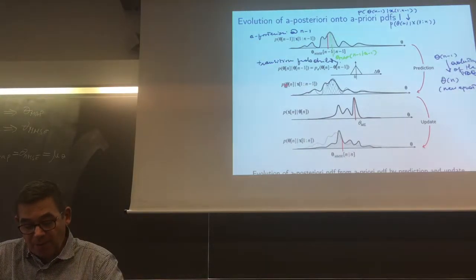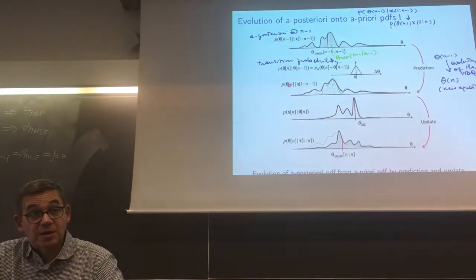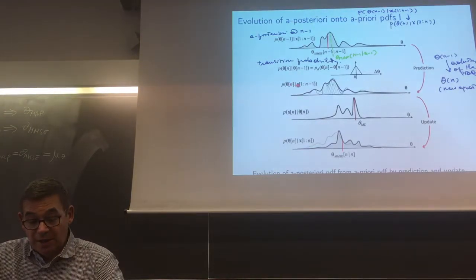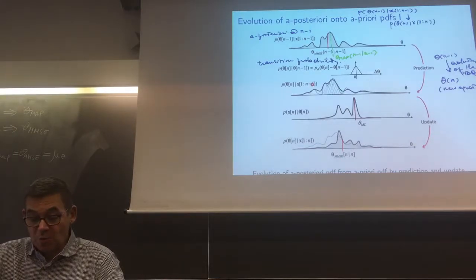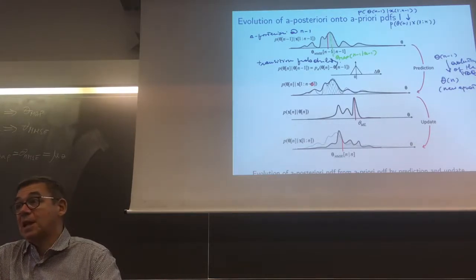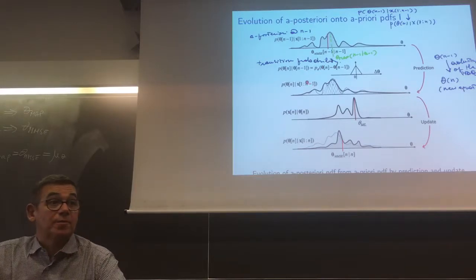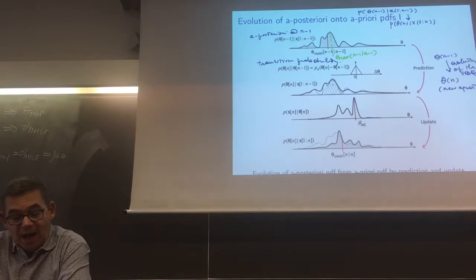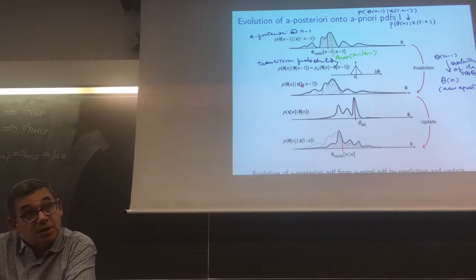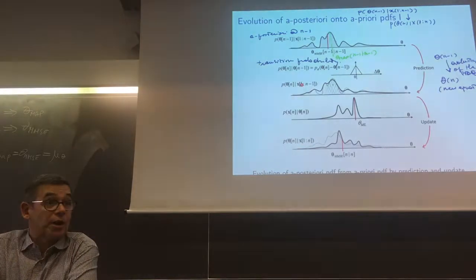I get the probability of theta, the probability on theta according to the data up to n minus 1. Okay? So this is the reason why it's a prediction, because I'm predicting before collecting the data. Now what I do is I use this prediction as the a priori.